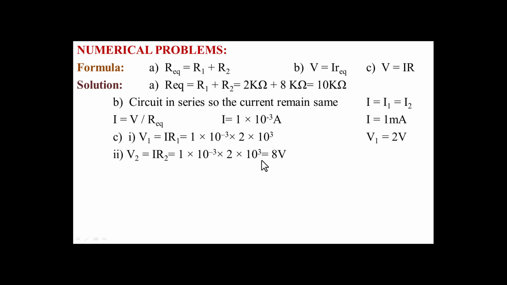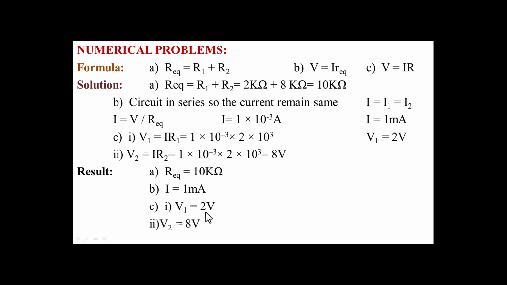So 8 ones are 8, then voltage V2 is equal to 8 volt. Then the result: R equivalent is equal to 10 kilo ohm, in part B I is equal to 1 milliampere, and in part C V1 is equal to 2 volt and V2 is equal to 8 volt.